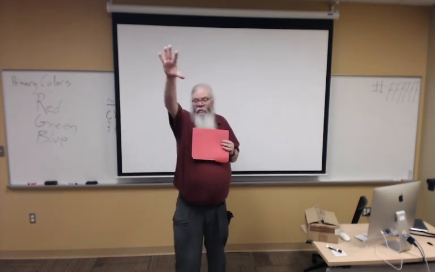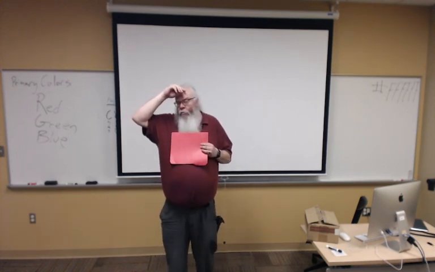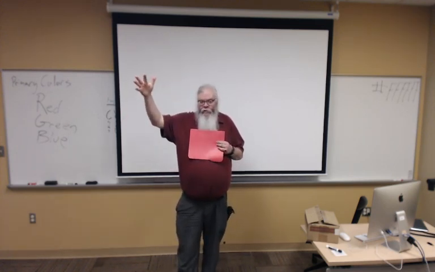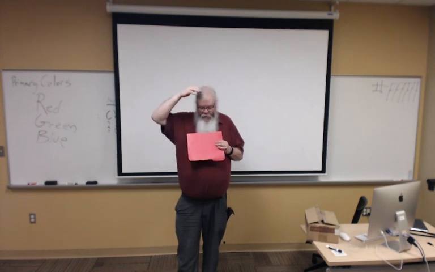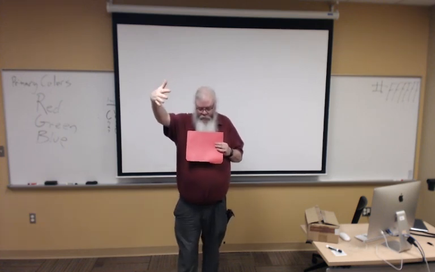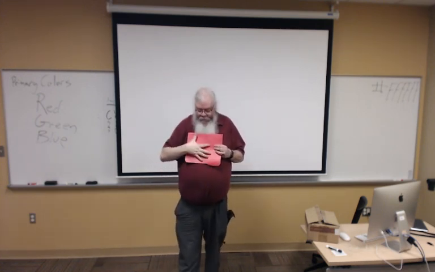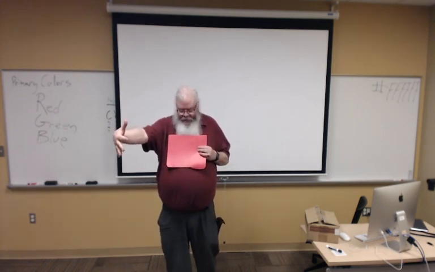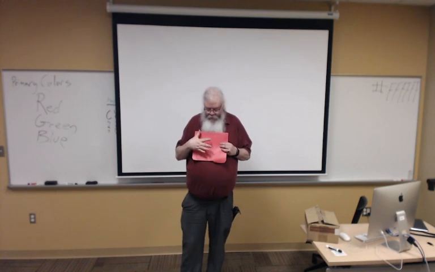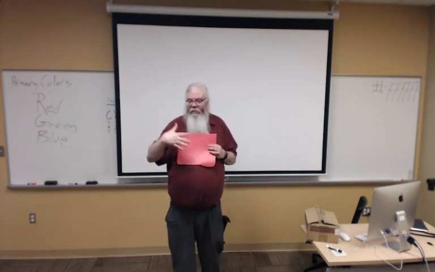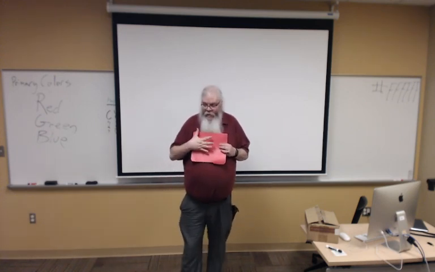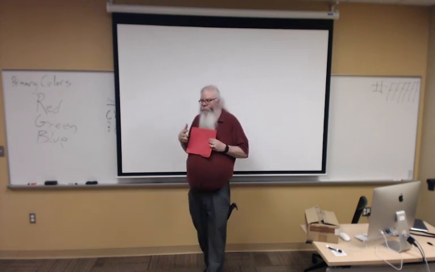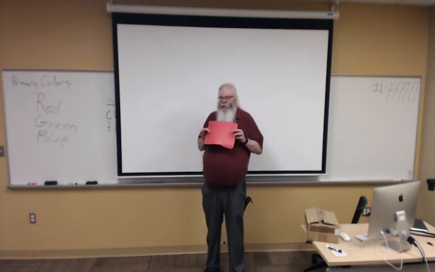The white light in the room, or from the sun, which is a mixture of all the primary colors, is bouncing off of this envelope, reflecting back into your eyes, except what's reflecting back to your eyes is red. Everything else is being absorbed. That's why you perceive it as red.